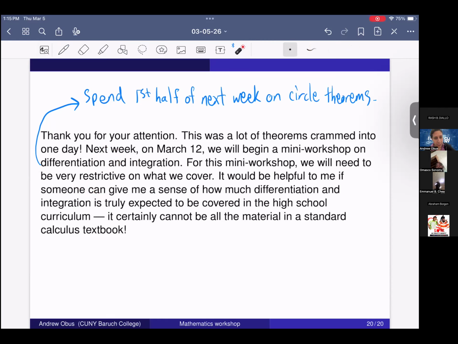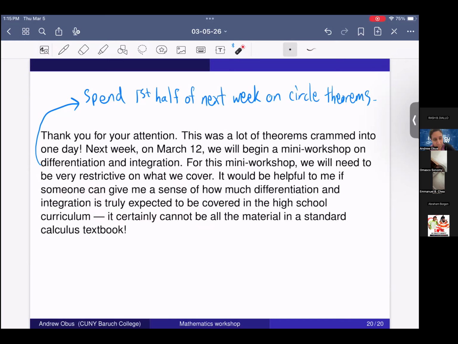If anybody's experienced with this and wants to write in the chat room, it would be good to have a sense of how much is expected to be covered.